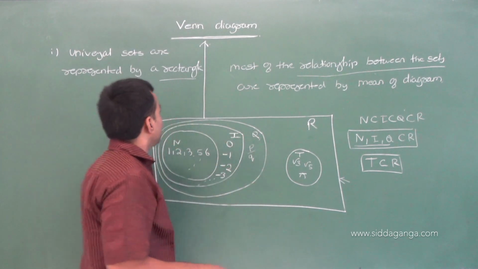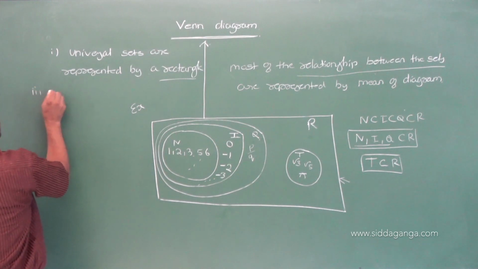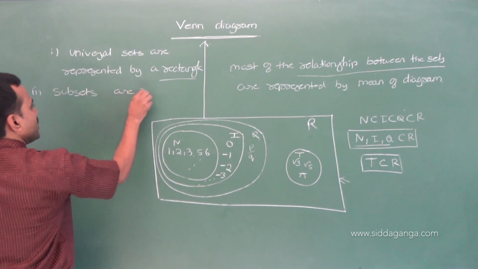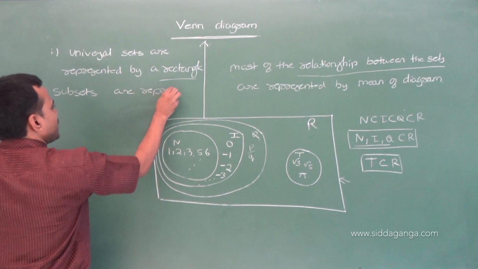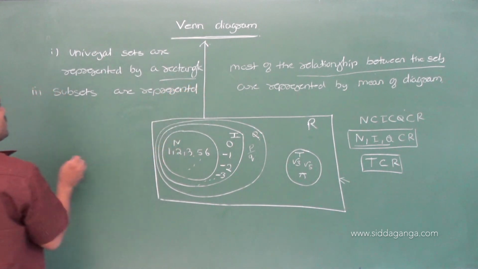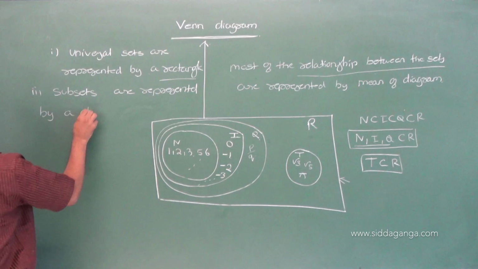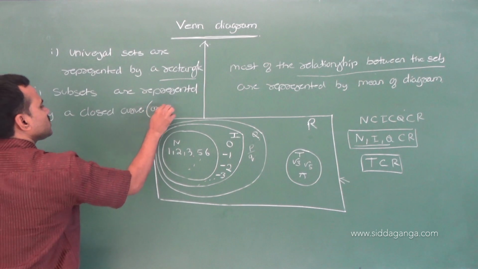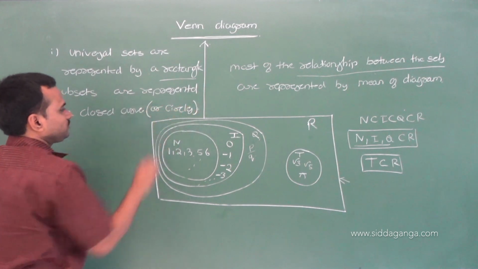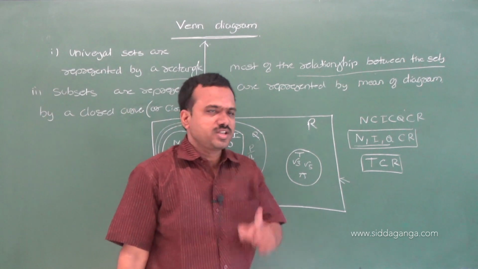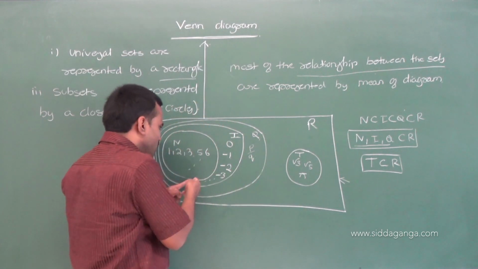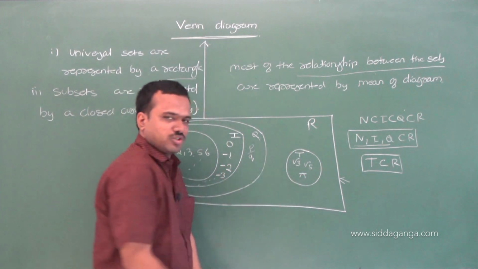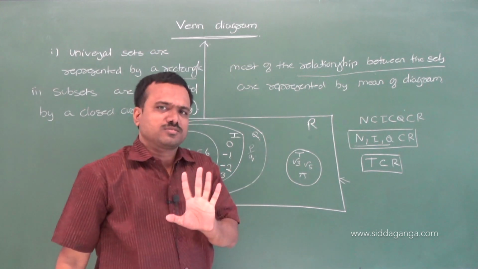Second one: subsets are represented by a closed curve. Closed curve means circles. Observe here: natural numbers, closed curve, integers, closed curve, rational numbers, closed curve, irrational numbers, closed curve. It may be circles.